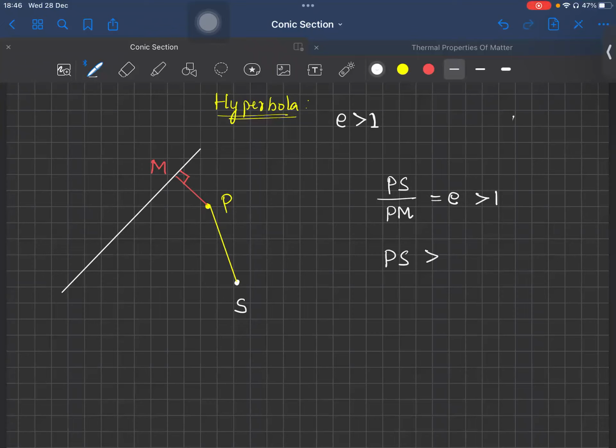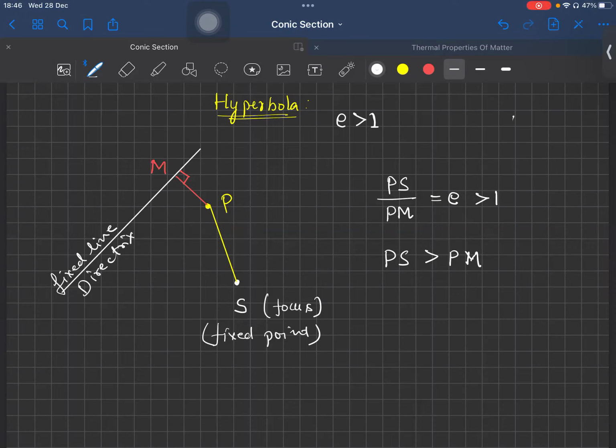So PS is always greater than PM. Point P is always closer to the directrix. The fixed line is called directrix, and the fixed point is called focus. So point P will move such that this ratio will always be greater than 1. That is what is called a hyperbola.